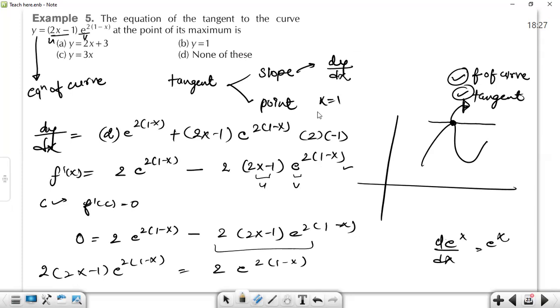We have to find its coordinate on y. As this point lies on the function, as it is also lying on the tangent, it will satisfy the equation of the curve. So we can find y's value from here, right? Can anyone tell me the value of y? Come on, it's very simple.